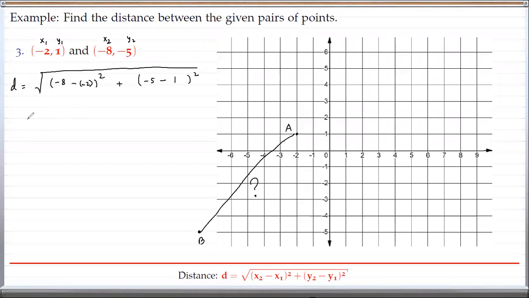We can try to simplify this a little further to get the value. -8 minus -2 is like -8 plus 2, which will be -6. We still have that squared, plus -5 minus 1 is -6 again, squared. So we have -6 squared, which is 36, plus 36 over here, square root.